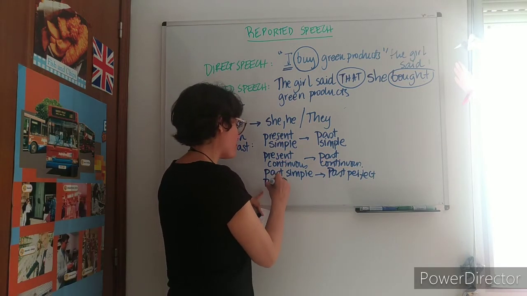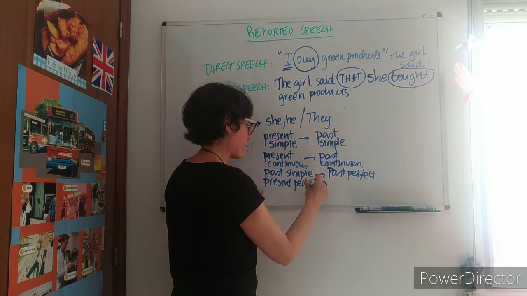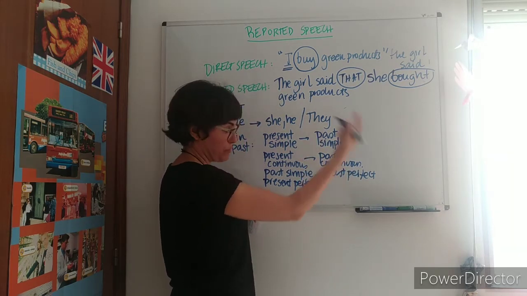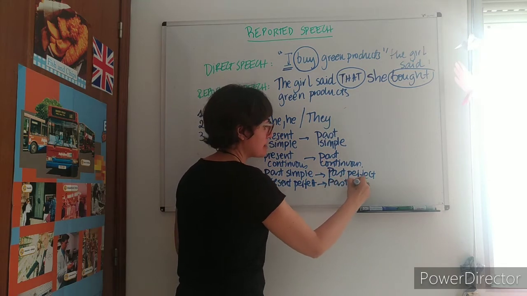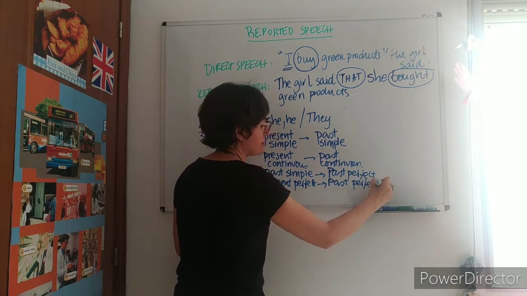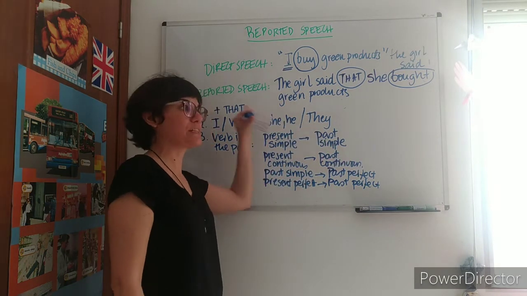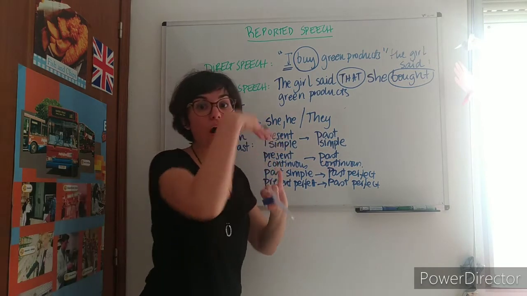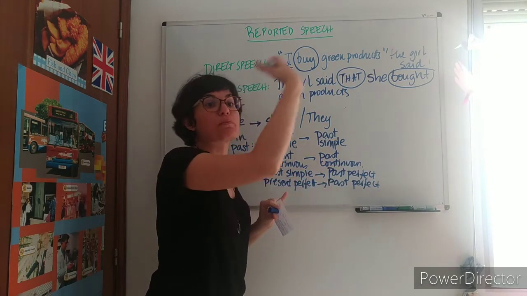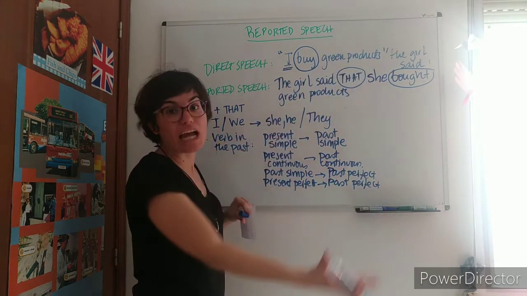If it's present perfect, the past of the present perfect is past perfect as well. I have bought green products becomes she had bought green products. And if it was in the past perfect, there is no other verb tense which is further back than that. So it would be I had bought, she had bought.